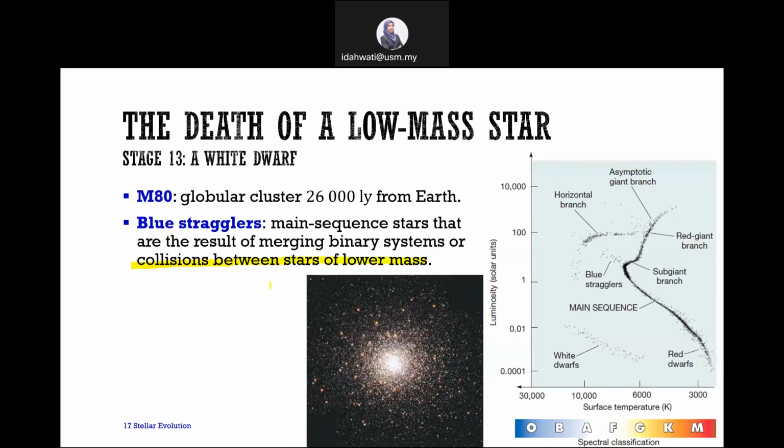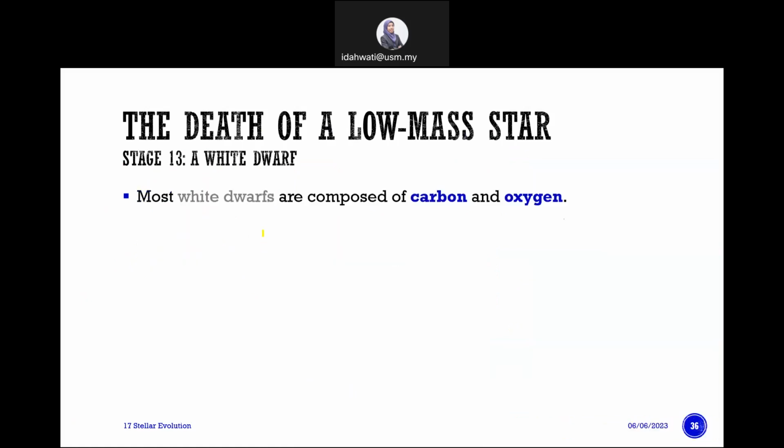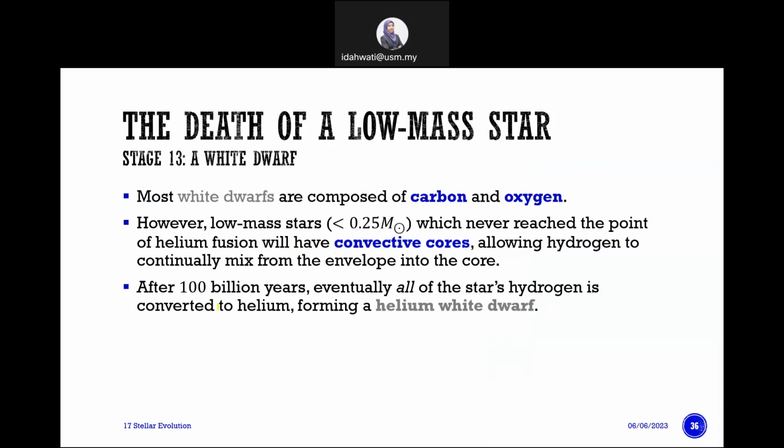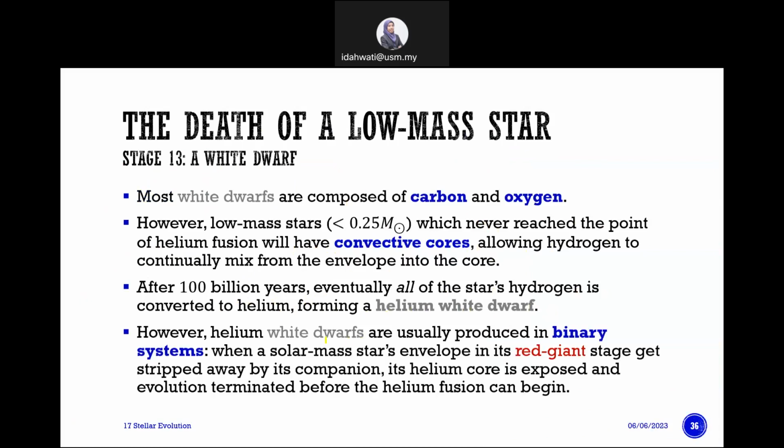Most white dwarfs are composed of carbon and oxygen, but never reached the point of helium fission. They will have a convective core, and after 100 billion years all the star's hydrogen is converted to helium and forms a helium white dwarf.